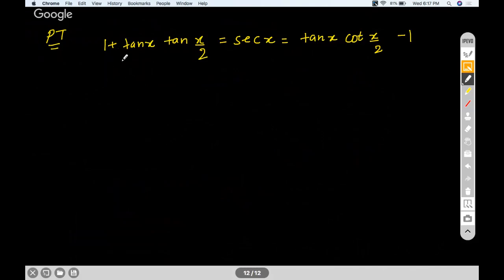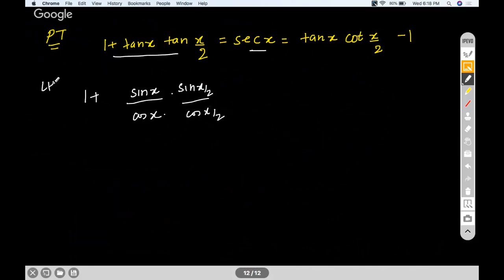So let us start with proving this is equal to this. So 1 plus this I can write as sine x by cos x, and this becomes sine x by 2 over cos x by 2. So I'm starting from my left hand side.